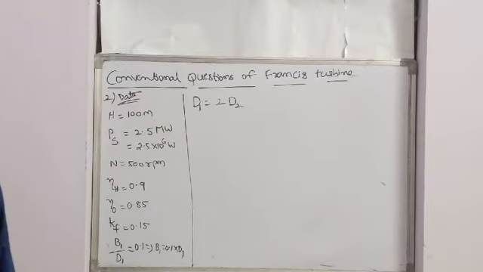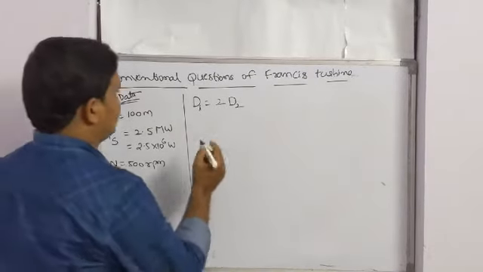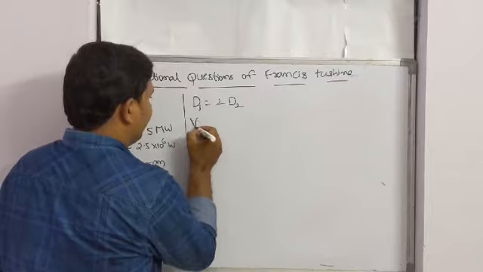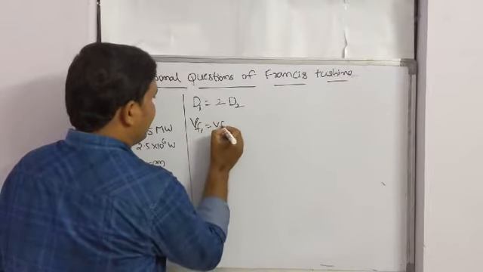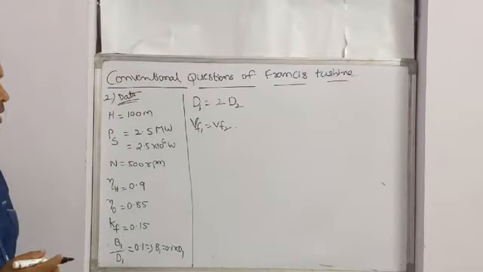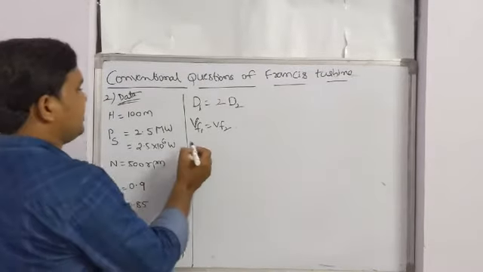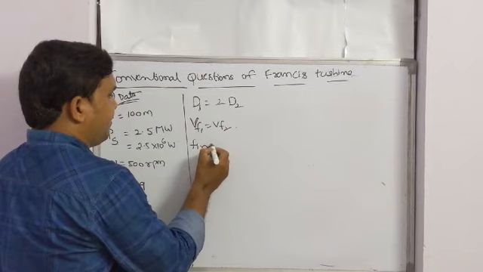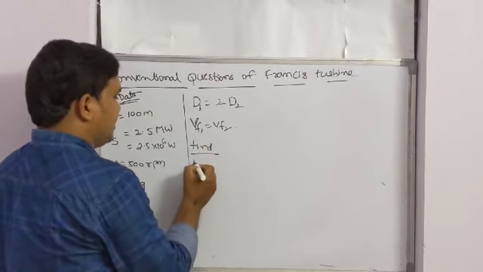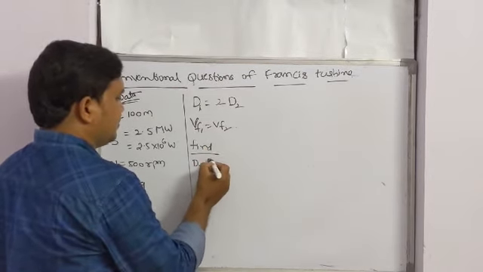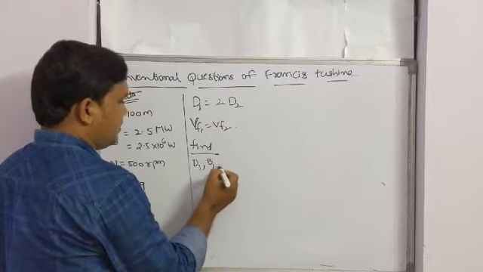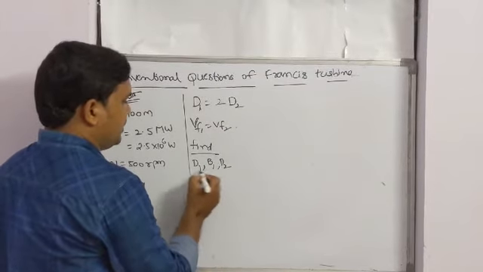And the flow velocity is constant throughout, meaning Vf1 equal to Vf2. So what do they want to find? Find out the main dimensions. Main dimensions means D1, B1, D2.